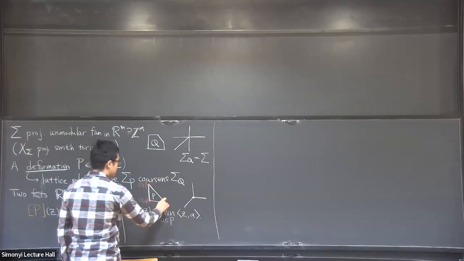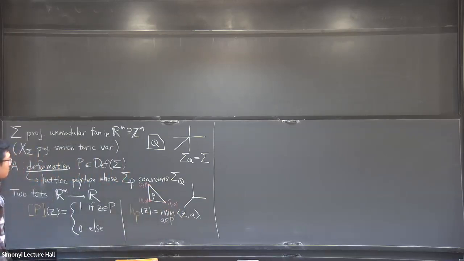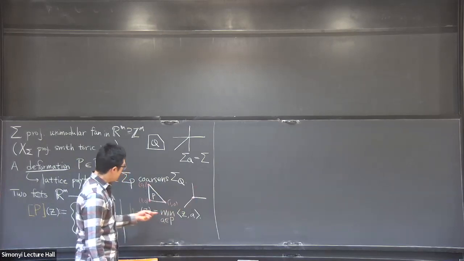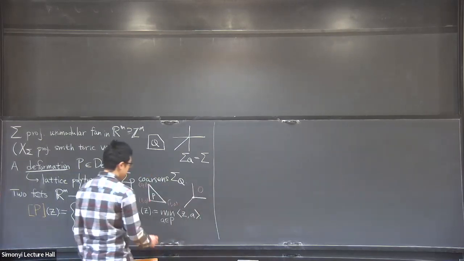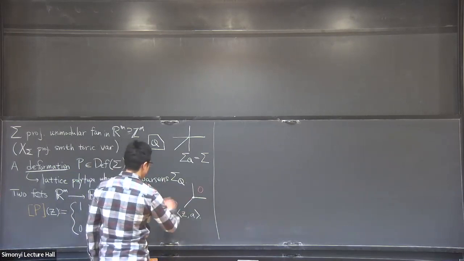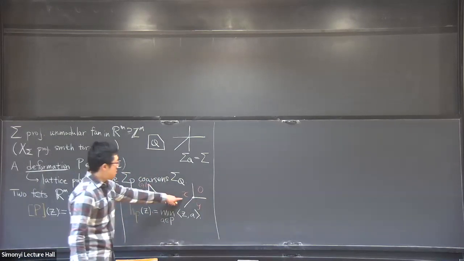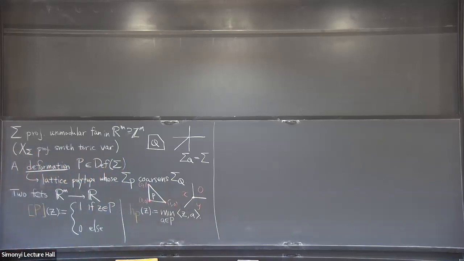Let me give coordinates like so. Then if I'm looking at the support function of this, on this region it will pair with this vertex to be minimum, so it's constantly 0. On this region, it pairs with this vertex to be minimum, so this is x. So it just picks out the x coordinate here, the y coordinate here, and a constant. And something you might notice is that this is a piecewise continuous, piecewise linear function on the normal fan.